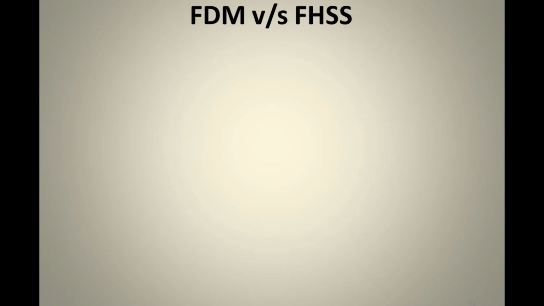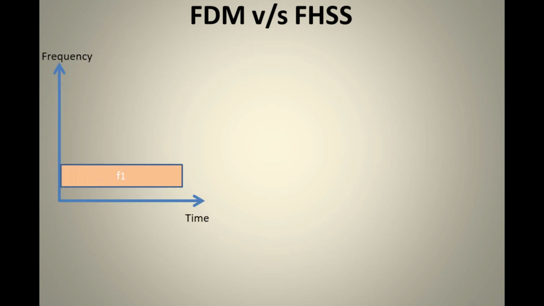Now if we combine frequency division multiplexing with frequency hopping spread spectrum, this is what we have. In case of FDM, we have different frequencies F1, F2, F3, F4, and every channel gets its share of frequency. Channel 1 gets F1, channel 2 F2, channel 3 F3, and channel 4 F4.